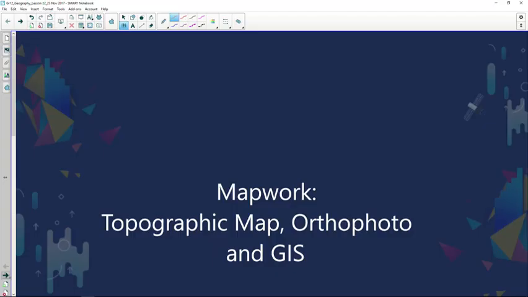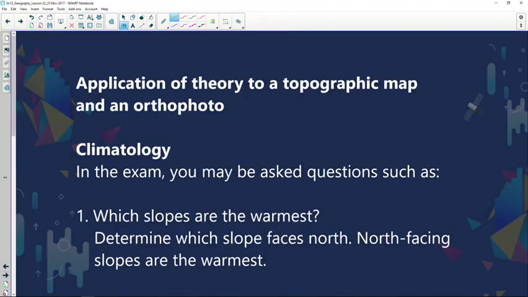Now, if you look at our first slide, in this episode we're going to concentrate on how we apply what we've learned in the theory to the topographical map and the orthophoto. Now, I'm talking about the section regarding climatology, geomorphology, and settlement, as well as economic geography. But let's just quickly look first at climatology.